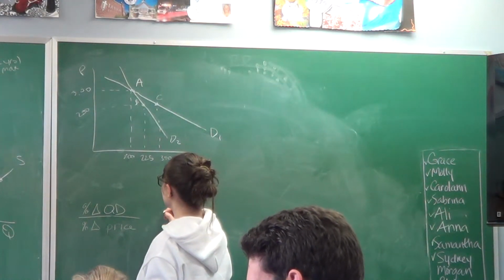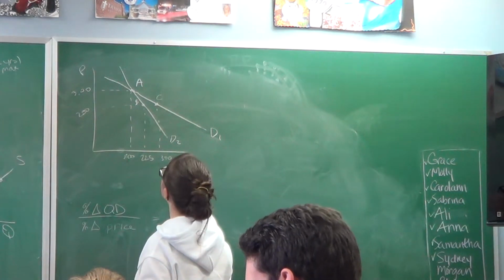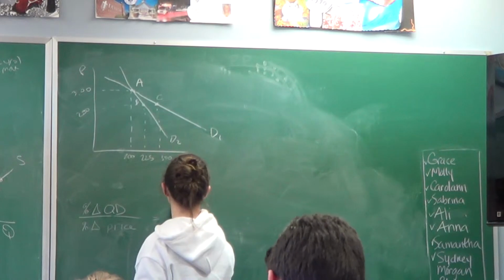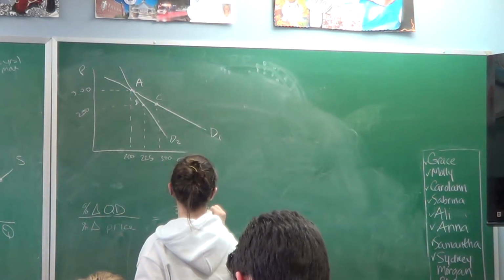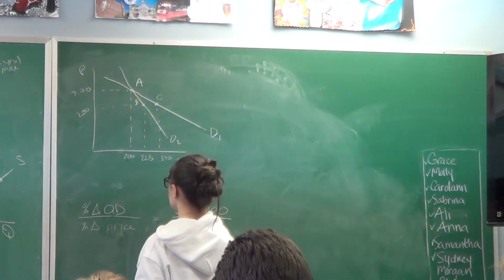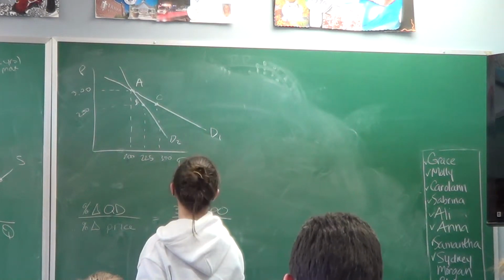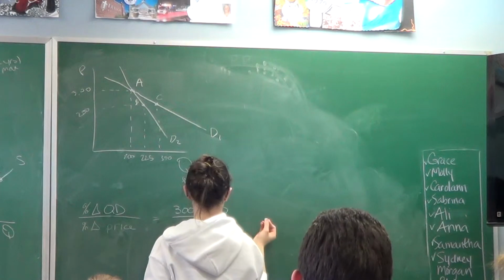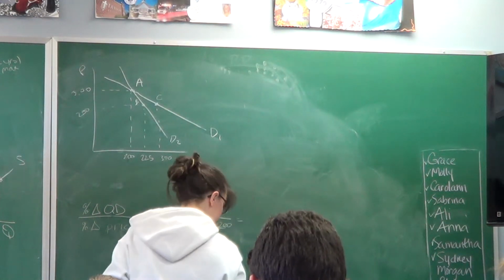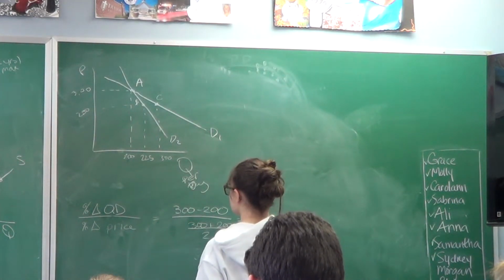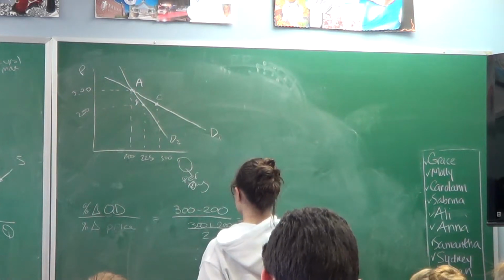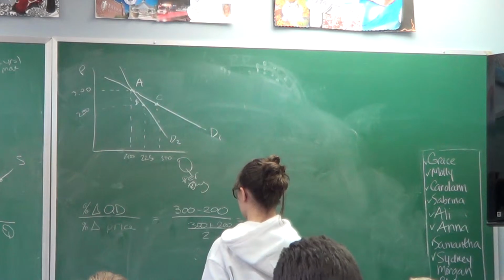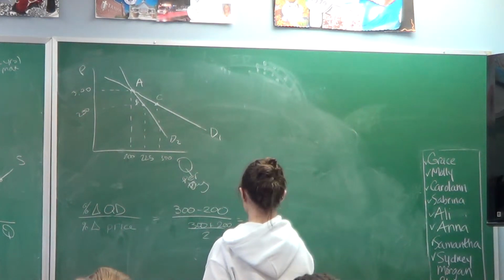So on the top line, what is she writing? 300 minus 200 over 200 plus 300 divided by 2. We're doing subtraction on top, so that's 100. And then on the bottom, 500 divided by 2, so that's 250.